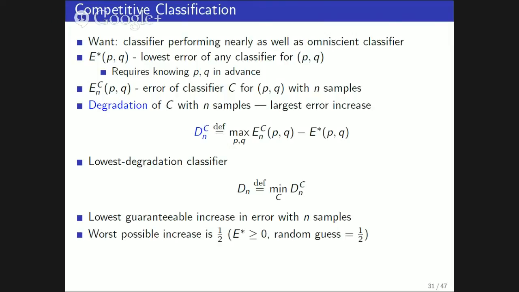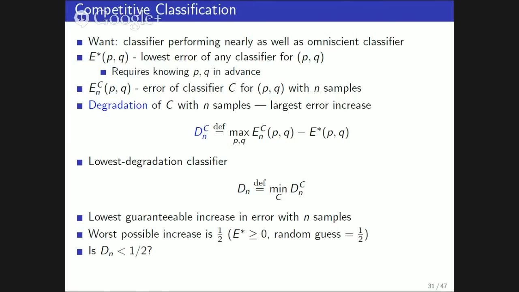So here we're not going to start with infinity. We're starting at half. Half is our new infinity. Therefore Dn is always less than or equal to half. And the question is, can you come up with a classifier such that if n is 1,000,000, then you have less than half, let's say 0.49?